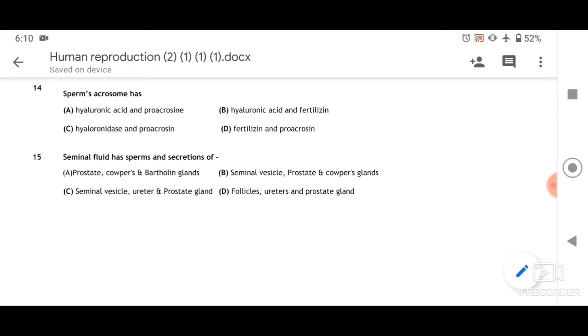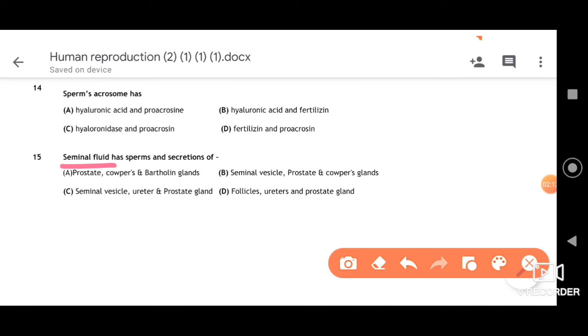Then dear friends, we have question number 15 here. Seminal fluid has sperms and secretions of what? Let me tell you that the seminal fluid is also referred to as semen.